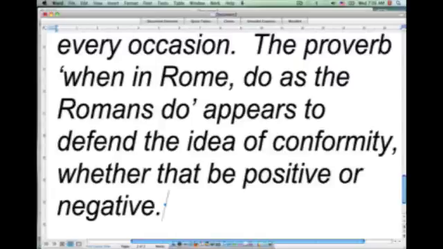Now we're going to share a thesis, and this thesis is going to both support and refute the idea that conformity is a positive thing.